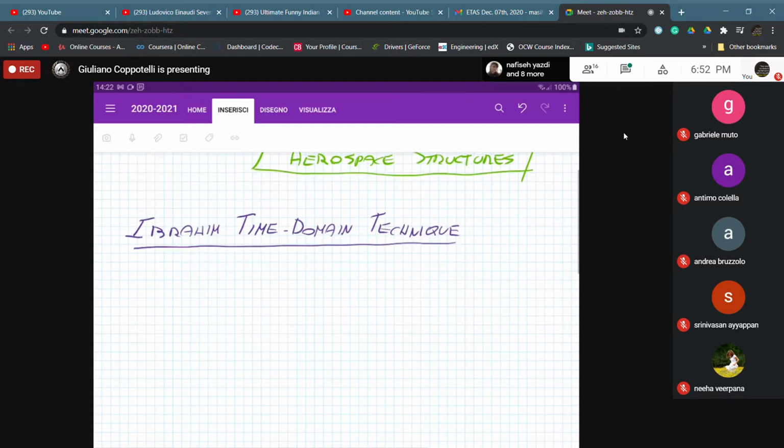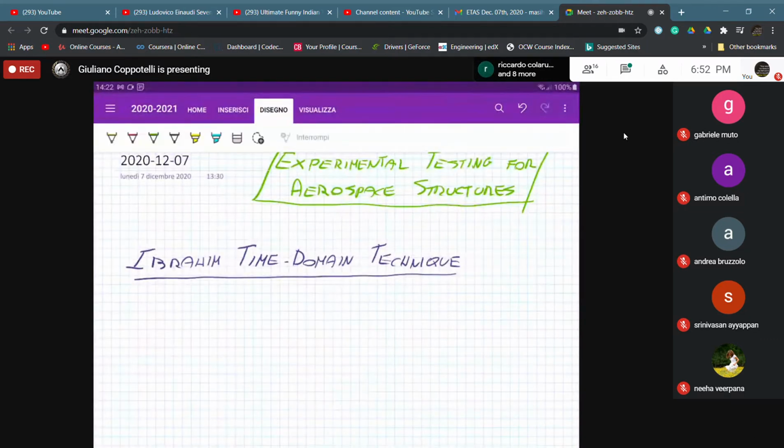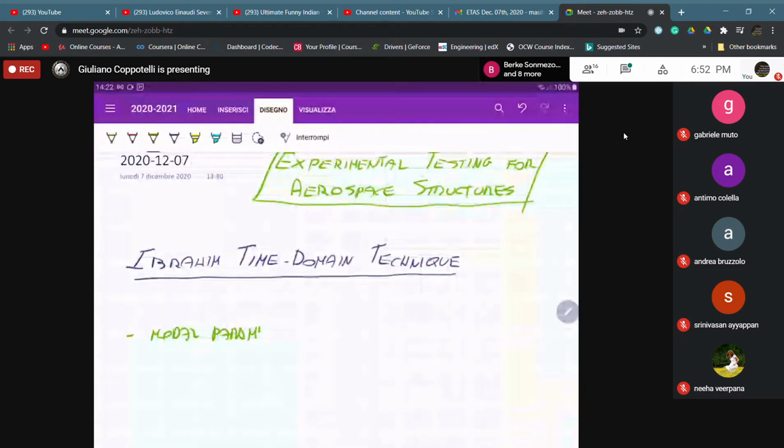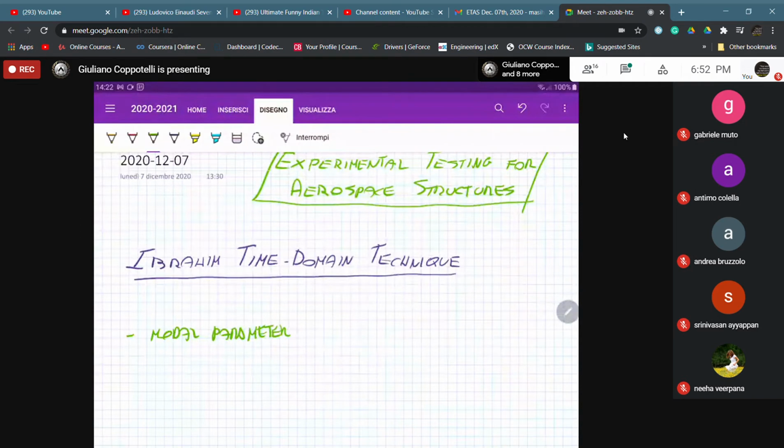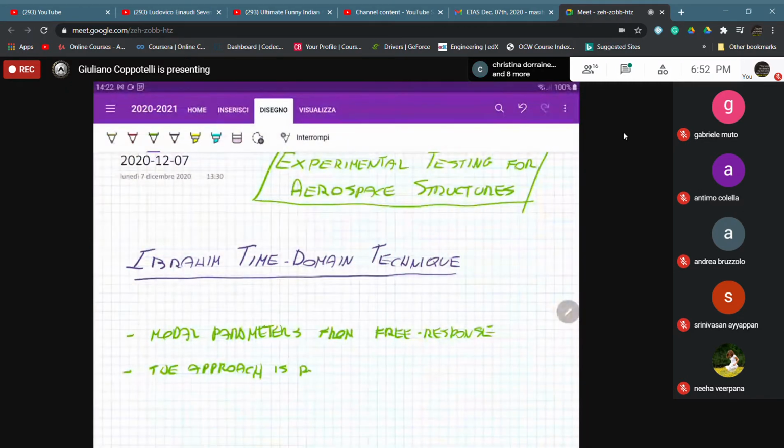So I can write that: modal parameters from free response, and this approach is robust with respect to noise.